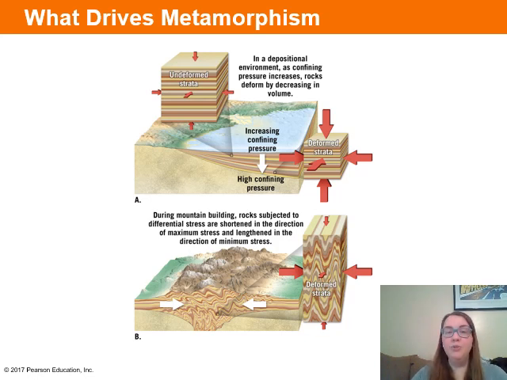But this differential stress that we see on the bottom, it happens a lot around mountain building, where we're colliding two continents together. But with this, we have one direction where the pressure is going to be a lot greater than all of the others. So now with this cube, we're going to be squeezing it in from the sides more than the other four sides. We're going to take it from being cube shaped, and now it's going to be a very thin rectangle.